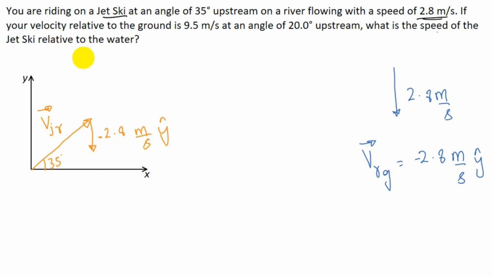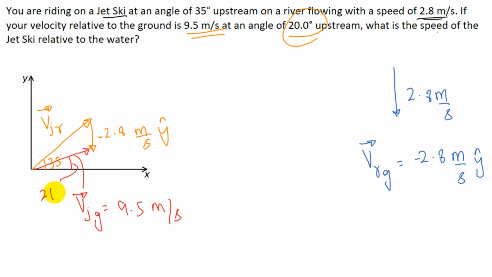Now next it says that your velocity relative to the ground is 9.5 meter per second at an angle of 25 degrees upstream. Let me show it with a different color. This would be the vector which tells you the velocity of jet ski relative to ground, and this value we are given to be 9.5 meter per second, and 20 degrees upstream means this angle is 20 degrees.